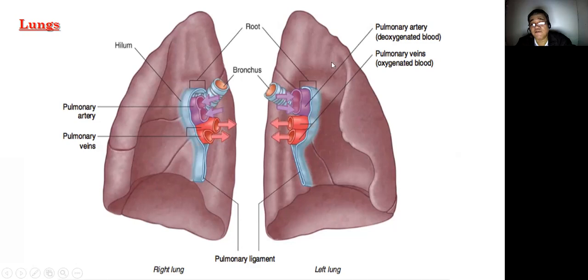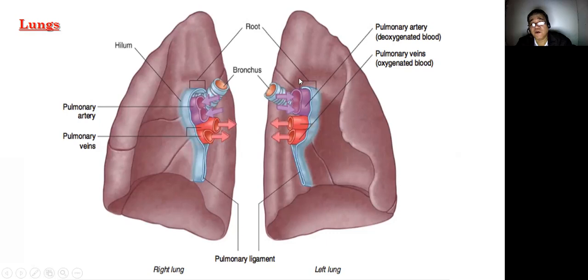In the left lung, you have a depression there. This depression is known as the cardiac fossa. This is the area that accommodates the left ventricle. On the right, we also have the right cardiac fossa, which accommodates the left atrium.